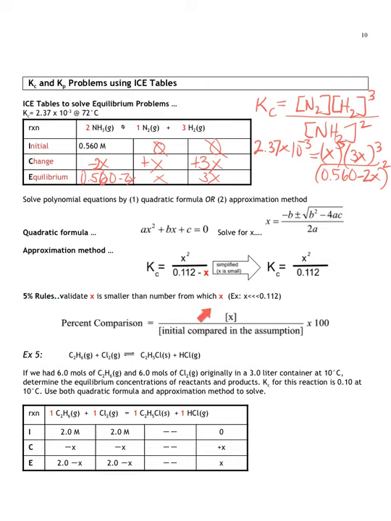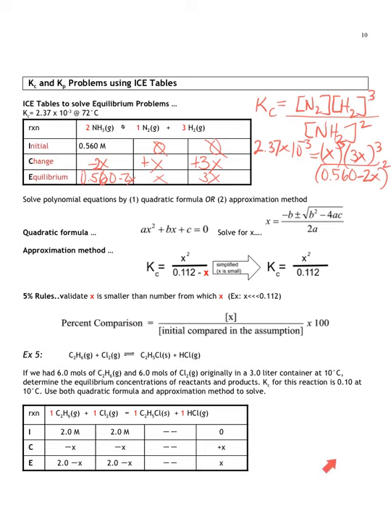Let's actually get into working through an example problem with equilibrium with numbers, and we'll see why, although the quadratic formula might give a more precise x value, it will eventually allow us to solve for the concentration at equilibrium. The approximation method is a faster way to do it, and of course the validation is quick and easy as well.